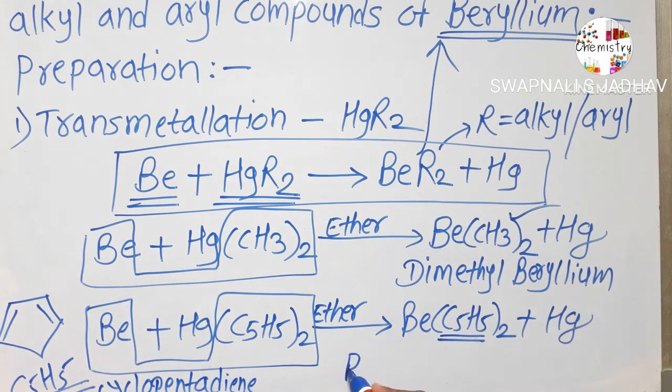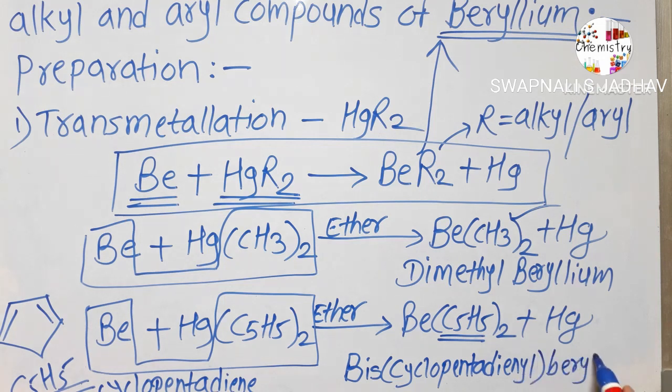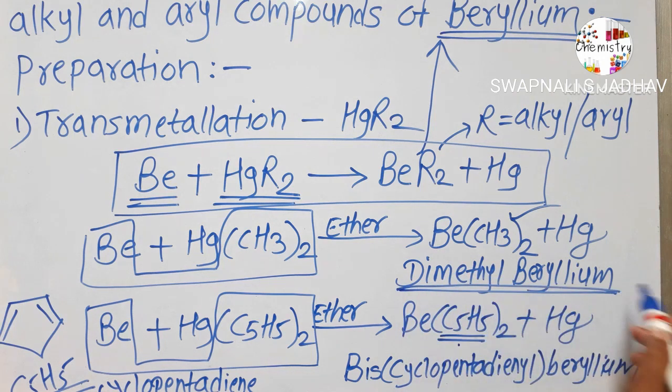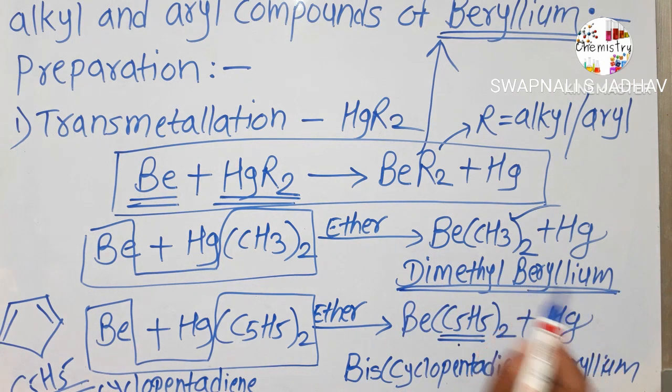How many cyclopentadienyl groups? 2. Therefore the name is bis cyclopentadienyl beryllium. Dimethyl beryllium is an alkyl compound of beryllium, and bis cyclopentadienyl beryllium is an aryl compound of beryllium.